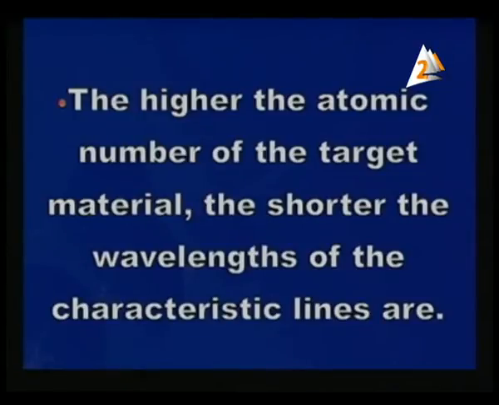And as a matter of fact, the higher the atomic number of the target material, the shorter the wavelengths of the characteristic lines are. Let me say it again. The higher the atomic number of the target material, the shorter the wavelengths of the characteristic lines are.